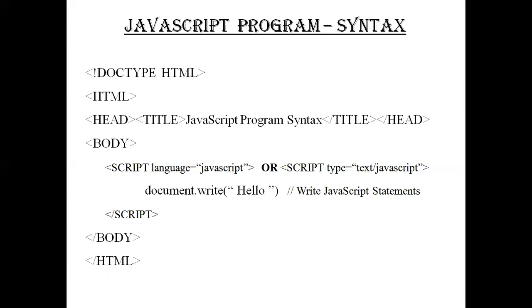That prompt function we will be using. The alert function displays an alert pop-up box with an OK button which displays some message. That alert box we will be using. So these are some of the inbuilt functions we will be using in the JavaScript program.